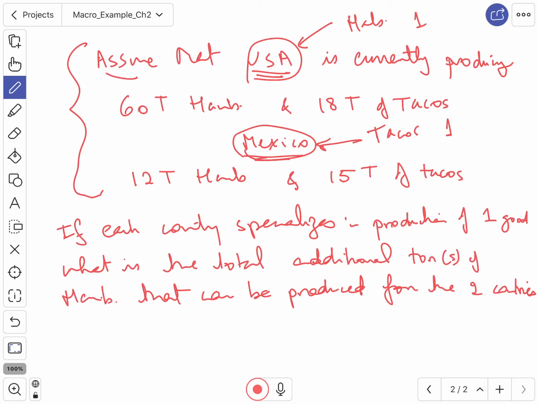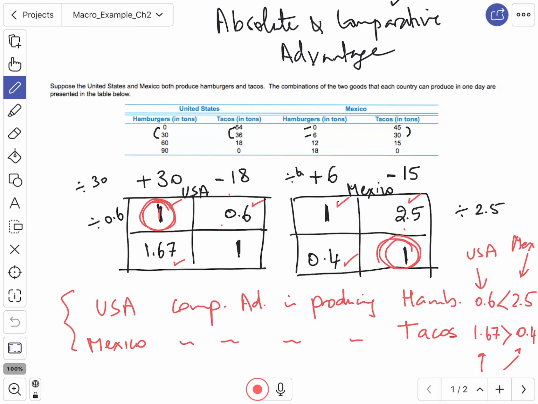that currently USA is producing two goods, 60 and 18. Okay, which is actually one of the rows here in the table. So this one, 60 and 18. And now suppose that the USA decided to specialize in the production of the good that it has a comparative advantage.